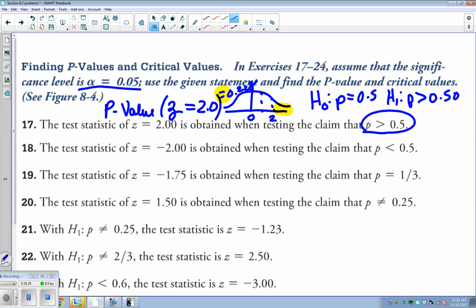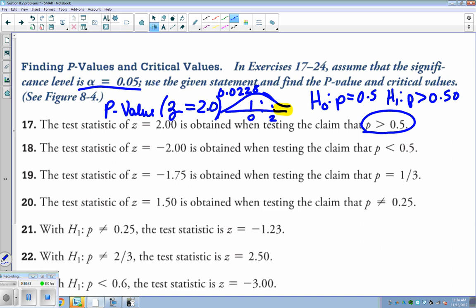I wrote it wrong at first. Yes, go ahead. 0 for the mean, mu, and 1 for the standard deviation. So that's the p-value.